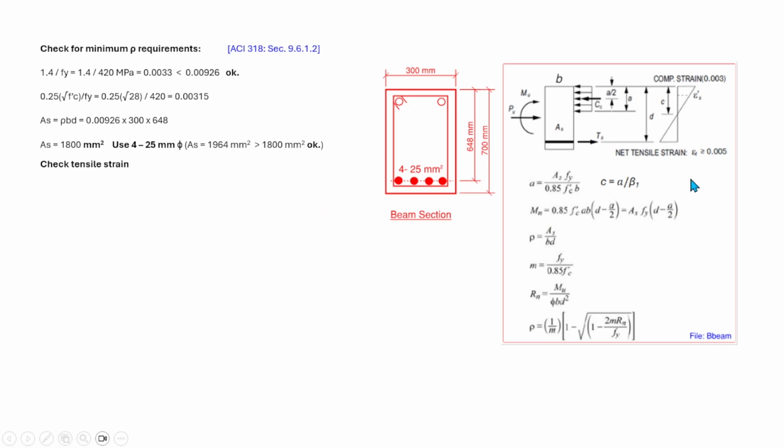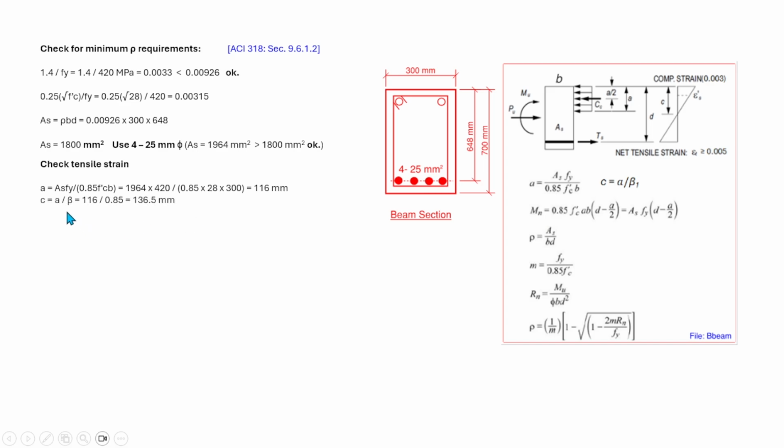To calculate the tensile strain, we need to determine first the value of a, which is equal to As times fy over 0.85 fc' times b, which is equal to 1964 times 420 over 0.85 times 28 times 300, that is equal to 116 mm. That is the stress block of the concrete.